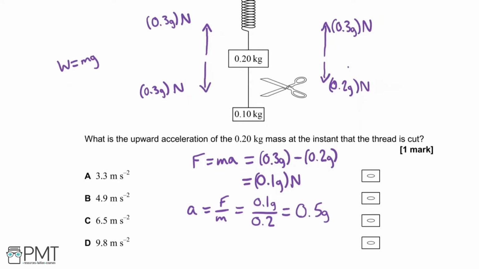So we end up with a half of the acceleration due to gravity, because 0.1 divided by 0.2 gives you 0.5. So that should give us about 4.9 meters per second squared, where g is equal to 9.8 meters per second squared. So the answer to this question is going to be B.